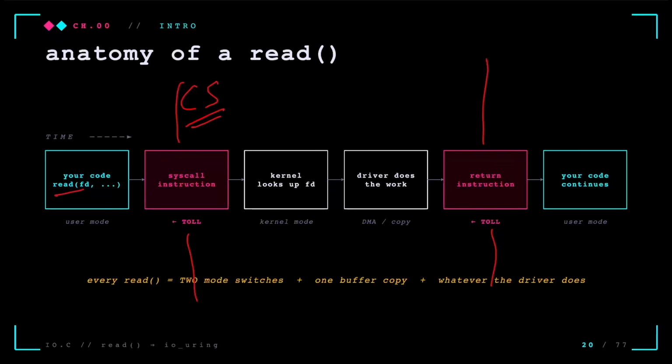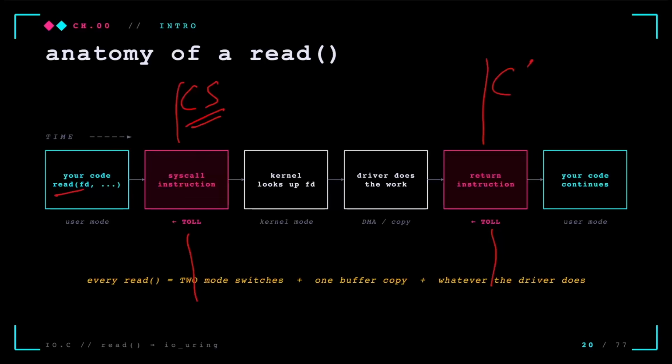It needs to pack the state of your program, save it, push it onto a stack or something, and then switch mode into kernel space, run in a higher privilege mode, and then it needs to roll back. So it needs to pop all your program state back into the right values and continue your program.